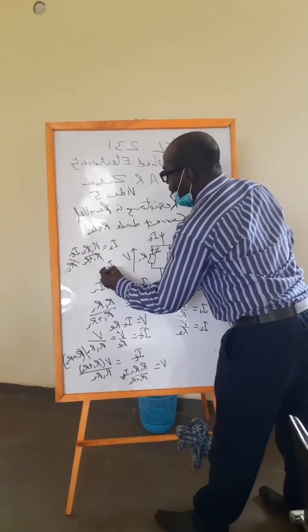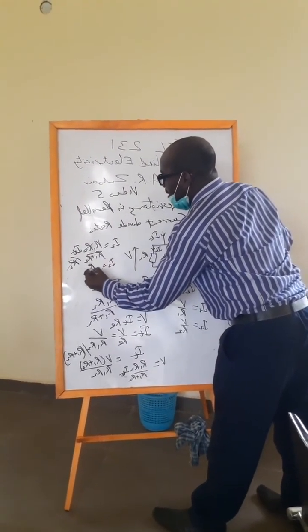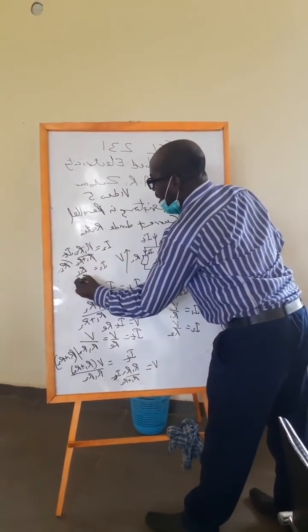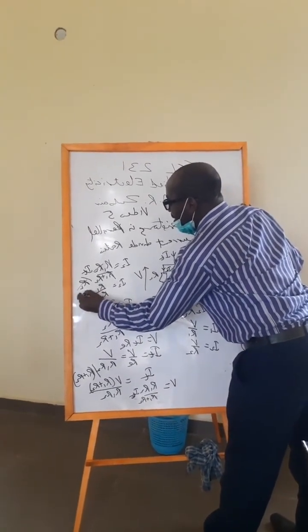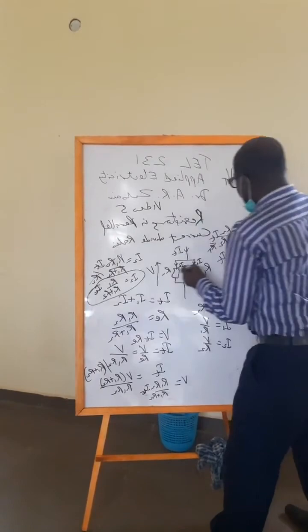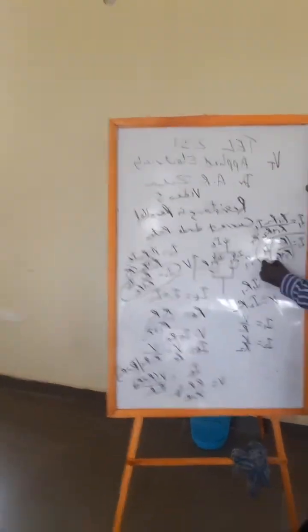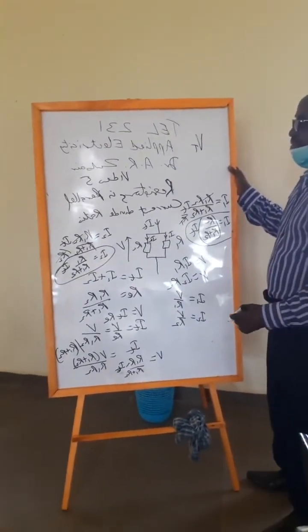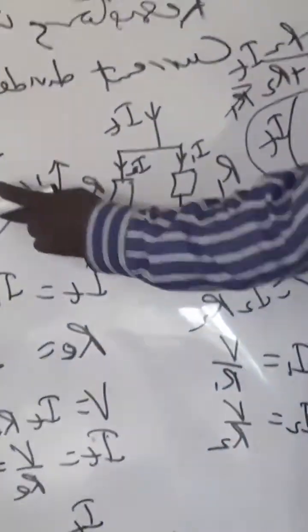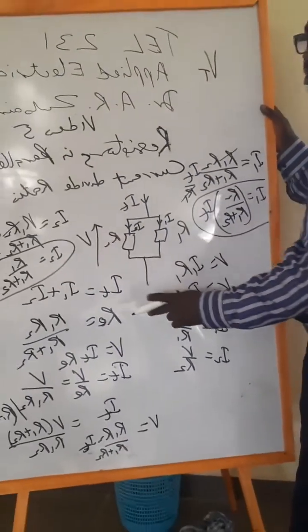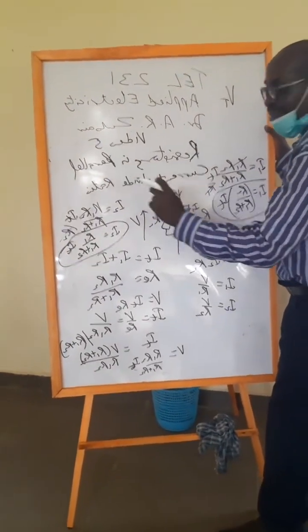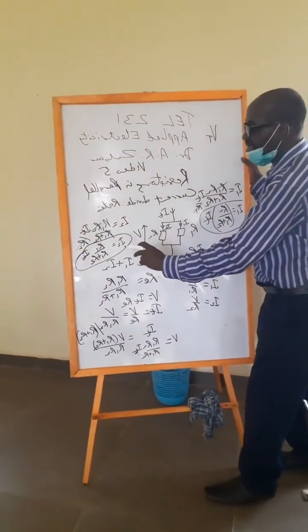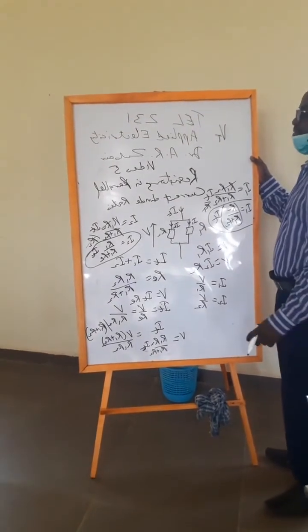So I2 is going to be equal to R1 over R1 plus R2 multiplied by IT. This is referred to as current divide ratio. If you need the current in a particular resistor, you take the other resistor, divide by the total resistance, multiply by the current you want to divide.